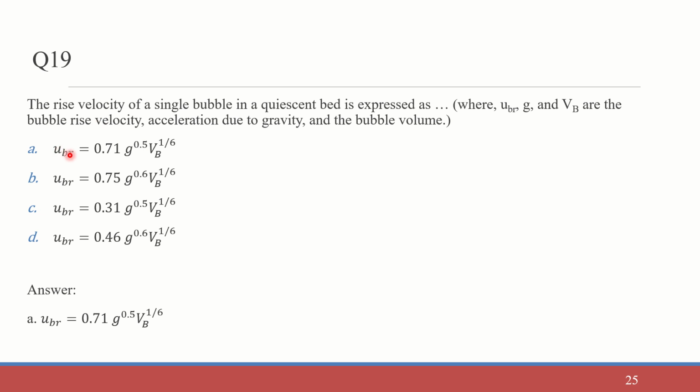So the terms in the equation are 0.71, 0.5 and 1/6. In basics, UBR depends on G, that is acceleration due to gravity, and bubble volume. But what is the exact equation? UBR is equal to 0.71 into G to the power of 0.5 into VB to the power of 1/6. So answer is option A.